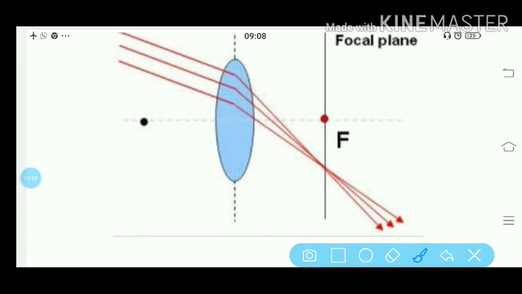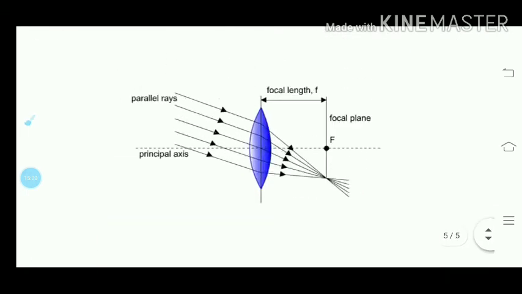A plane passing through the first focus point and normal to the principal axis of a lens is called the first focal plane. A plane passing through the second focal point and normal to the principal axis of the lens is called the second focal plane.